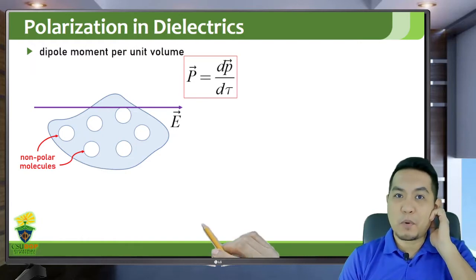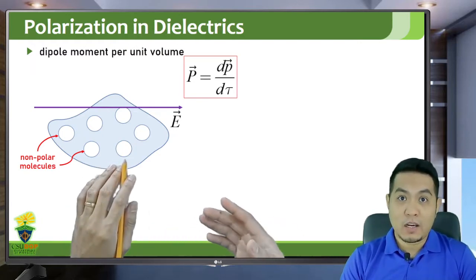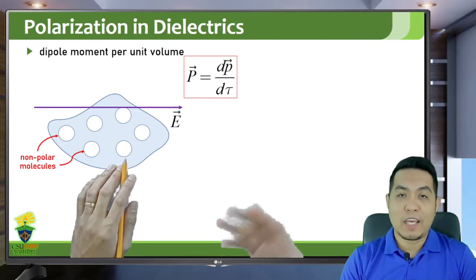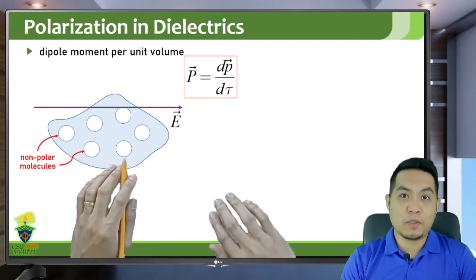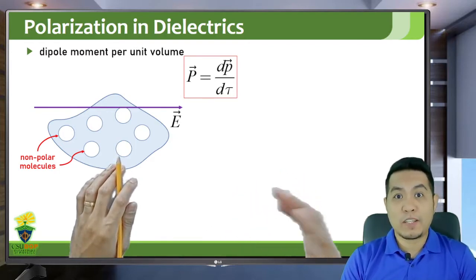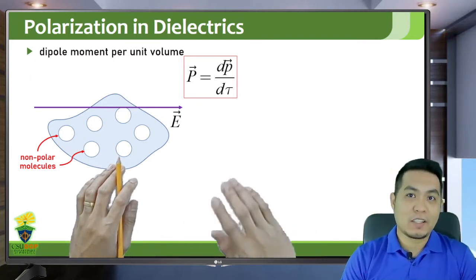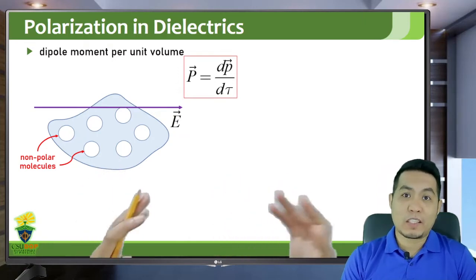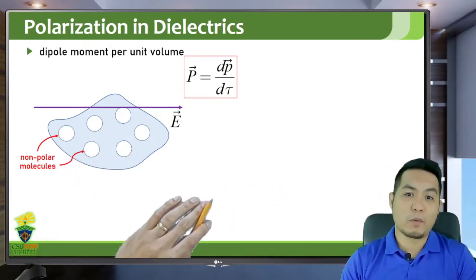Nonpolar molecules are molecules which don't have their own inherent dipole moment. Unlike water, which is a polar molecule: one of its sides, the oxygen side, is negative, and the hydrogen sides are positive, so it has a dipole moment. Nonpolar molecules don't have a dipole moment.